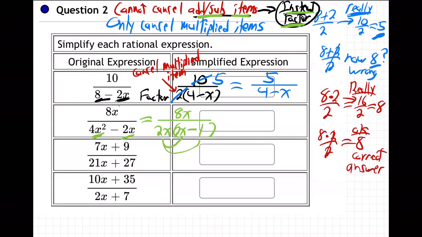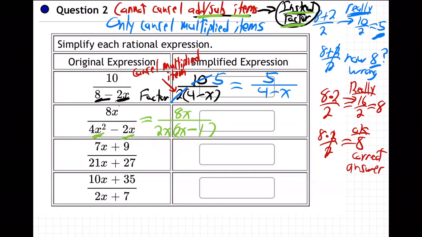Do you see that? 2x times 2x will go back to 4x squared. Remember the invisible 1, powers on the x's add? 2x times 2x goes back to 4x squared, and 2x times 1 goes back to 2x. 2x is what they had in common, right? 2 goes into 2 and 4, and when they both have the same letter, you take out the lower one. So 2x. Okay, now, so we factored.